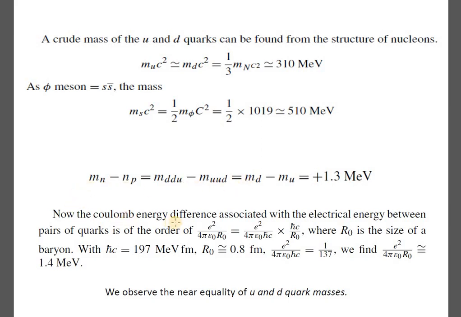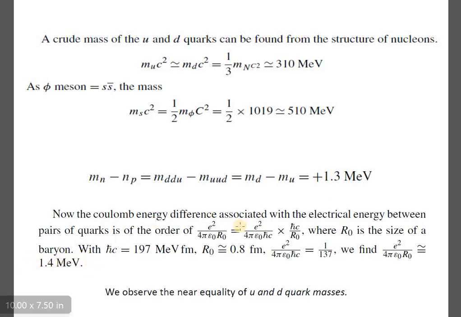Now the Coulomb energy difference associated with the electrical energy between the pair of quarks is of the order of e squared by 4 pi epsilon 0 R0, where R0 is the size of the baryon. If we assume it to be of the order of 0.5 fermi, then we get it to be 1.4 MeV.